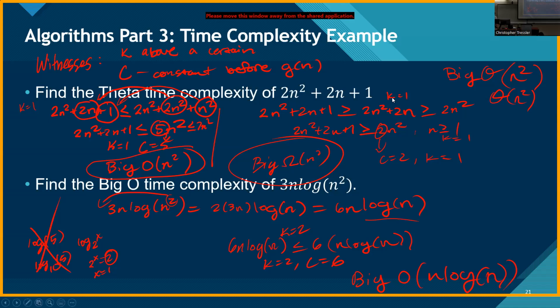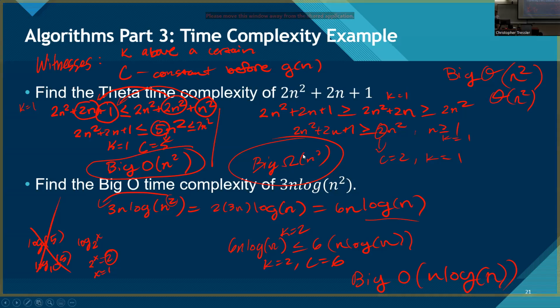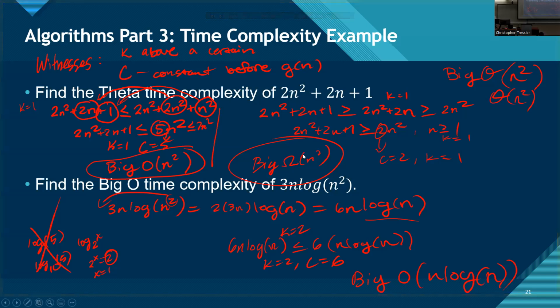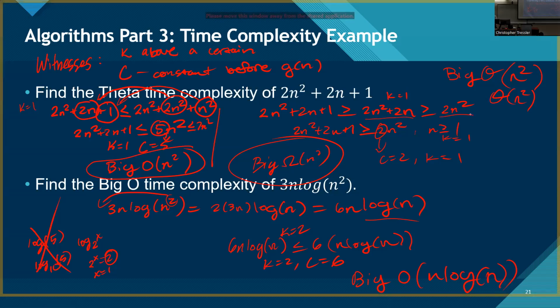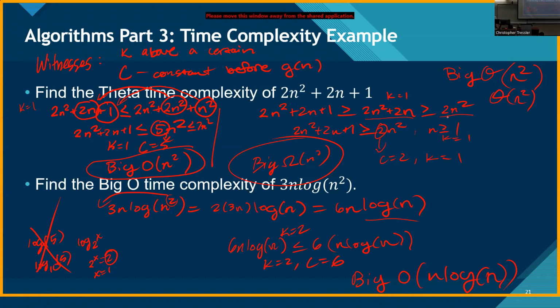If this was a negative number, then we wouldn't always have this value right here being greater than this value right here. Like if this was a -1, then 2n squared plus 2 times -1 would actually be less than 2n squared, so that wouldn't work. But if we use 0 or 1 or just basically any positive value, it works. I just chose 1 because it's the easiest off the top of my head. You just have to make sure for this example that it's positive.